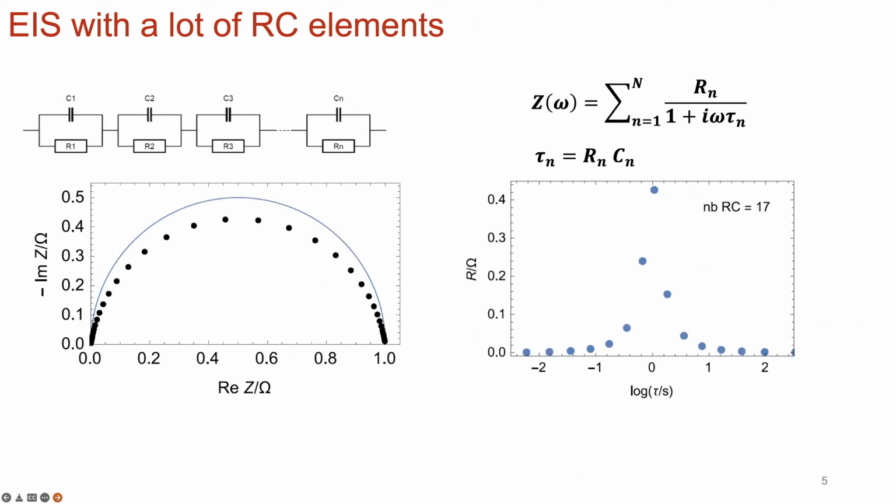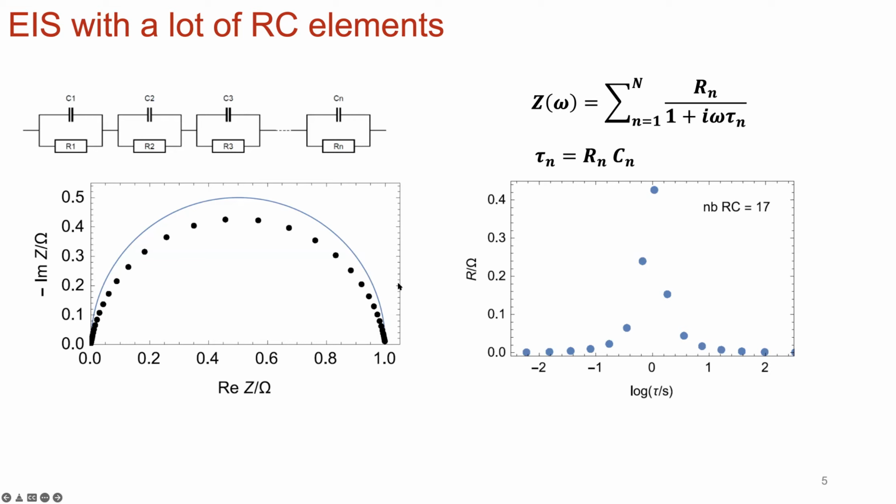If you look at EIS and you try to plot and fit with a lot of RC elements, let's say you go beyond two, let's say you have more than two processes, and you try to model the data with as many processes as you think are happening in your particular cell. There's no need to just limit ourselves to 2 or 3, right?